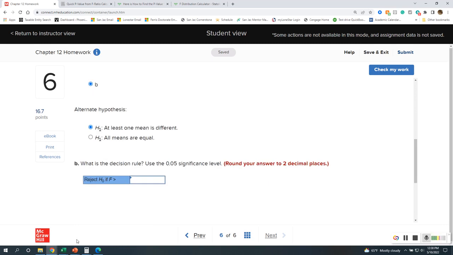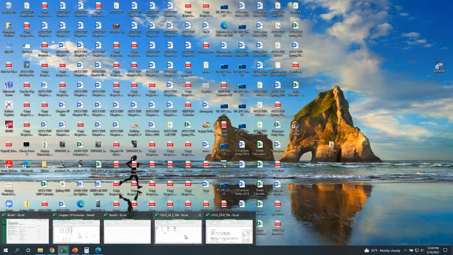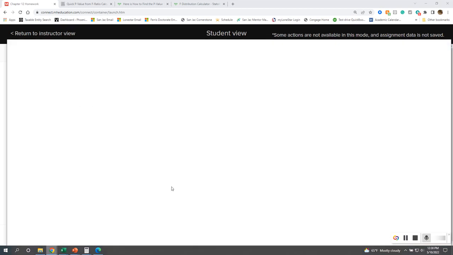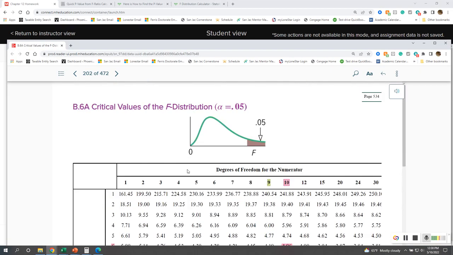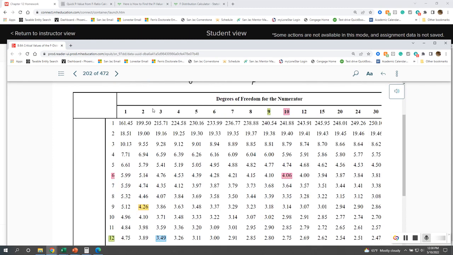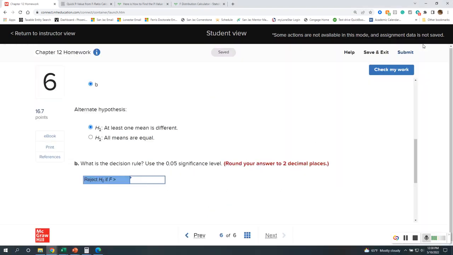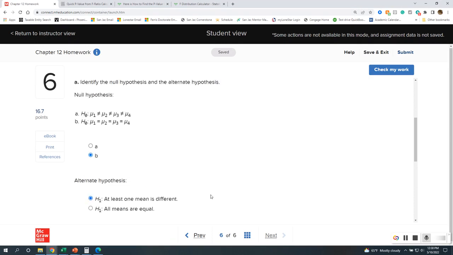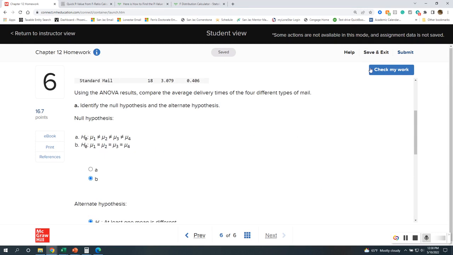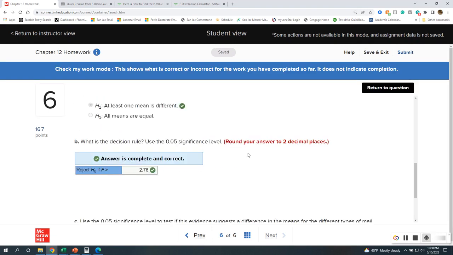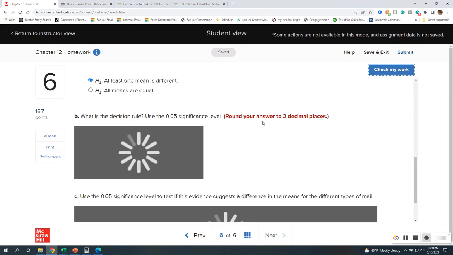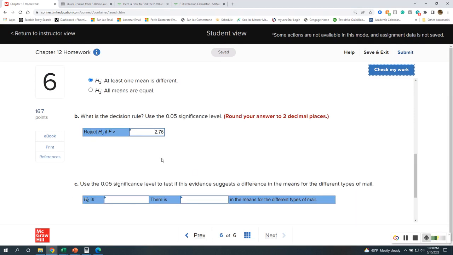We are using 0.05. So now on the table again. Okay, critical value. We are on 0.05 and all the way to 68, which probably is going to be 2.76. So check. We are right. Again, go to the closest one.